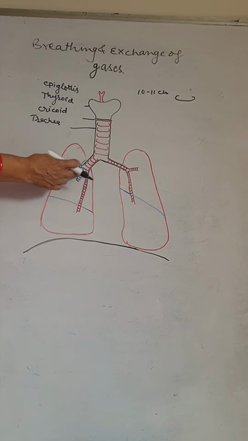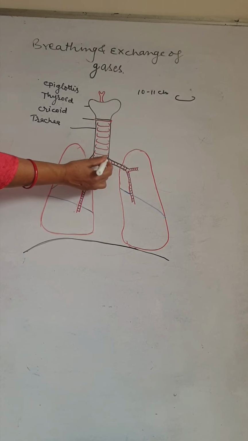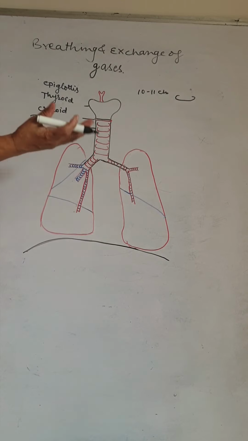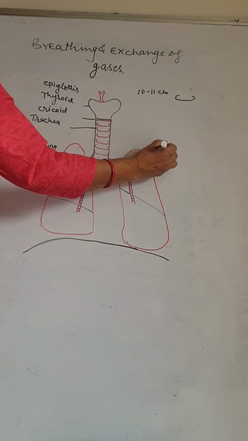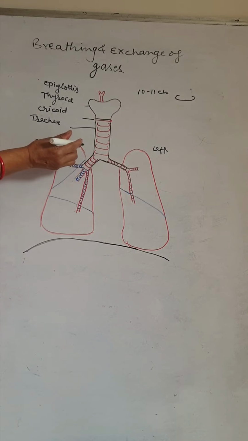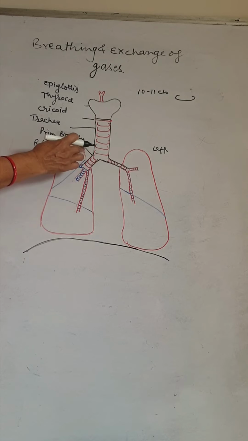The trachea divides into two bronchi. When we face the diagram, this one is the right lung, but in the book it is opposite. So this is the right lung and this one the left lung. These are the two primary bronchi, and there are differences between the right and left.